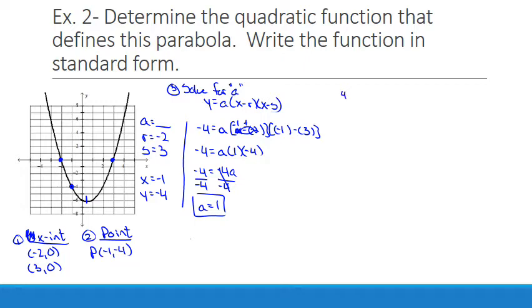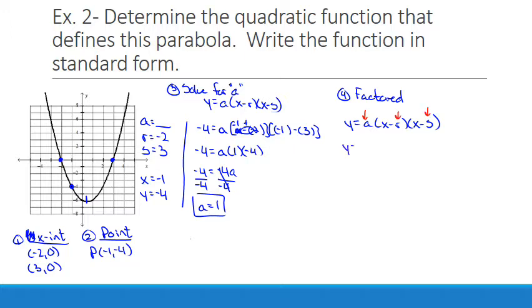Step 4 would be just writing it in factored form. So here's my general form, A, X minus R, X minus S. And again, I just want to fill in these 3 values when I'm filling in factored form.